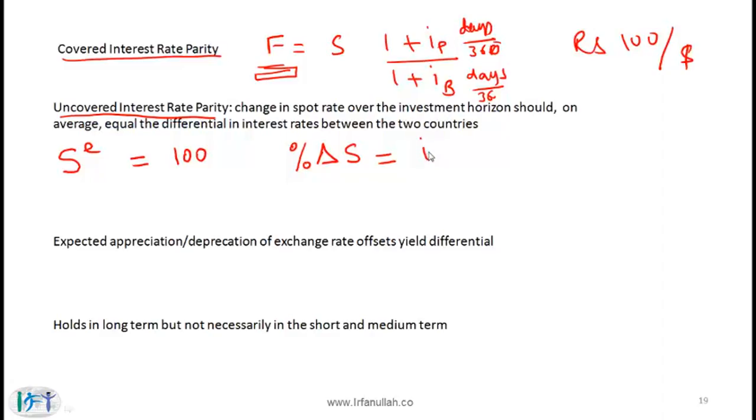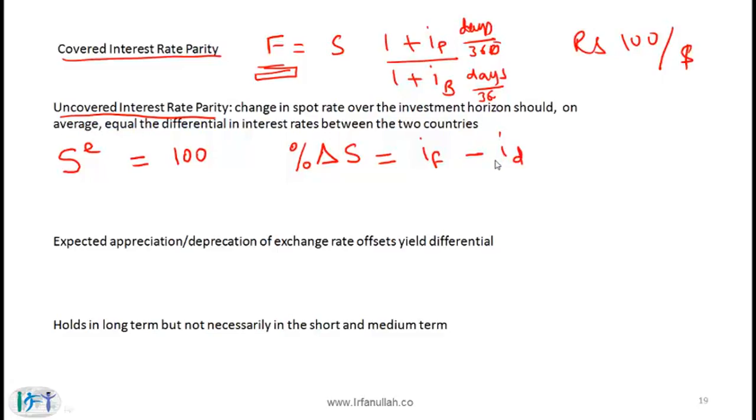If we use the example in the curriculum, the curriculum uses in this context a foreign currency and a domestic currency. So let me take a simple example here. I'll just first write this down. The expected percentage change in spot rate is equal to the differential between the interest rate in the foreign currency and the interest rate in the domestic currency.